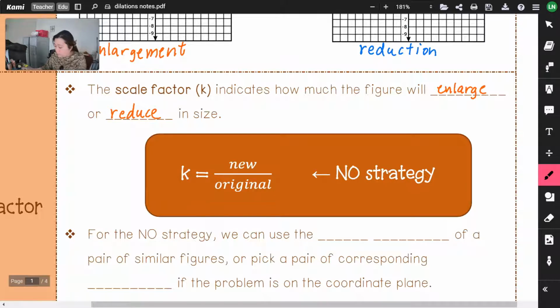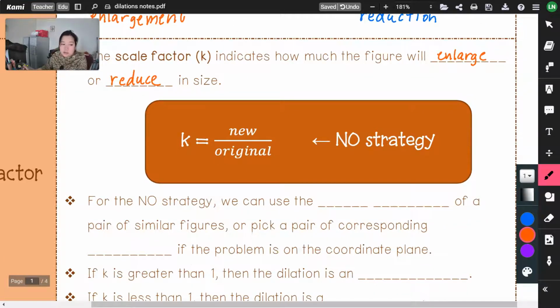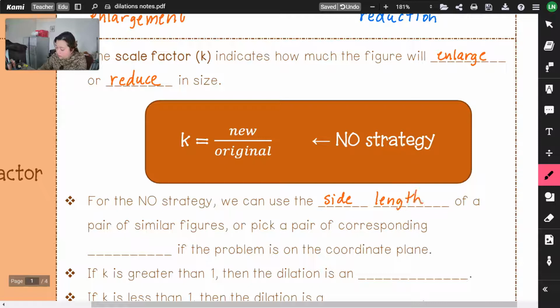So there's something that we call the new-over-old strategy. To figure out the scale factor, you take the new side length and divide it by the original side length. That will find us the scale factor. And we've done this in the past with similar figures. This was a while ago.